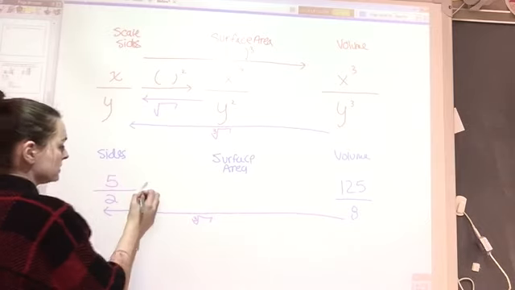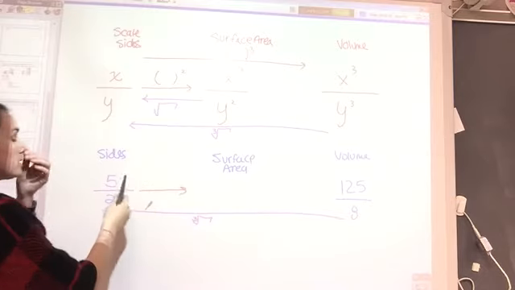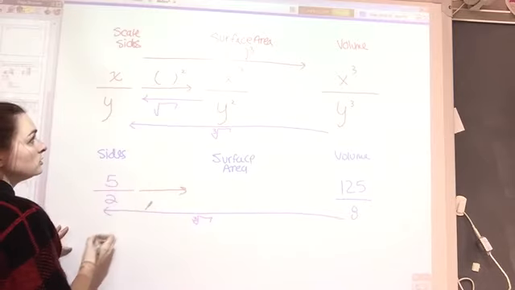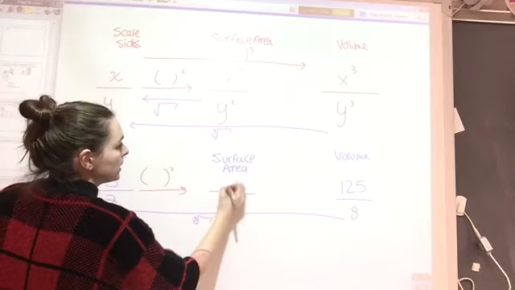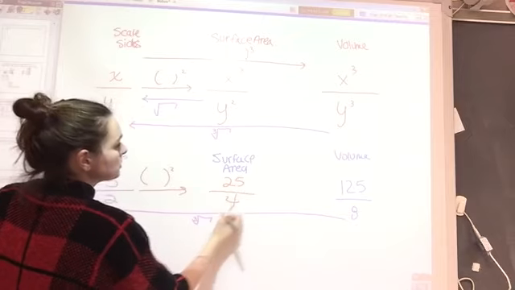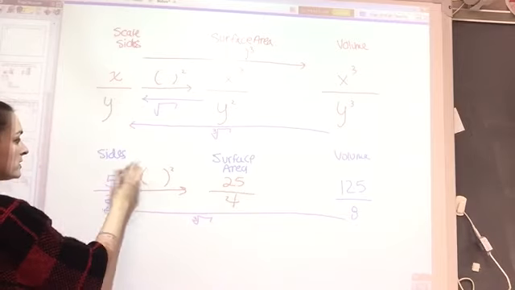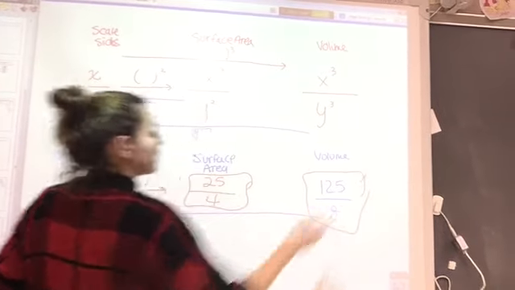Well, let's say I want to find the scale factor of the surface area. Now I'm moving forward. Now I'm making it bigger. So what do I need to do with the 5 and the 2? I need to square them. So I've got 5 squared is equal to 25, and 2 squared is equal to 4. So these are my three scale factors, okay?